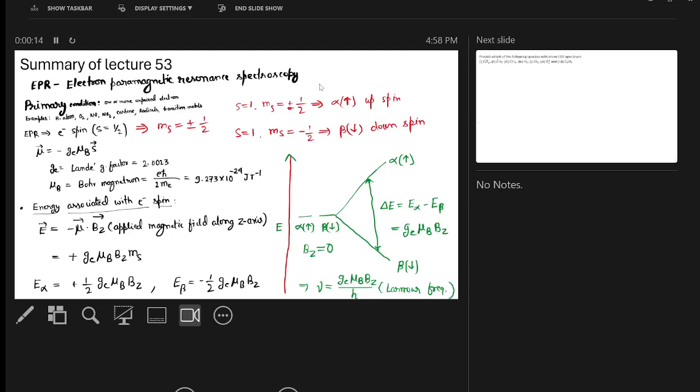So EPR spectroscopy means electron paramagnetic resonance spectroscopy, or we can say electron spin resonance spectroscopy.